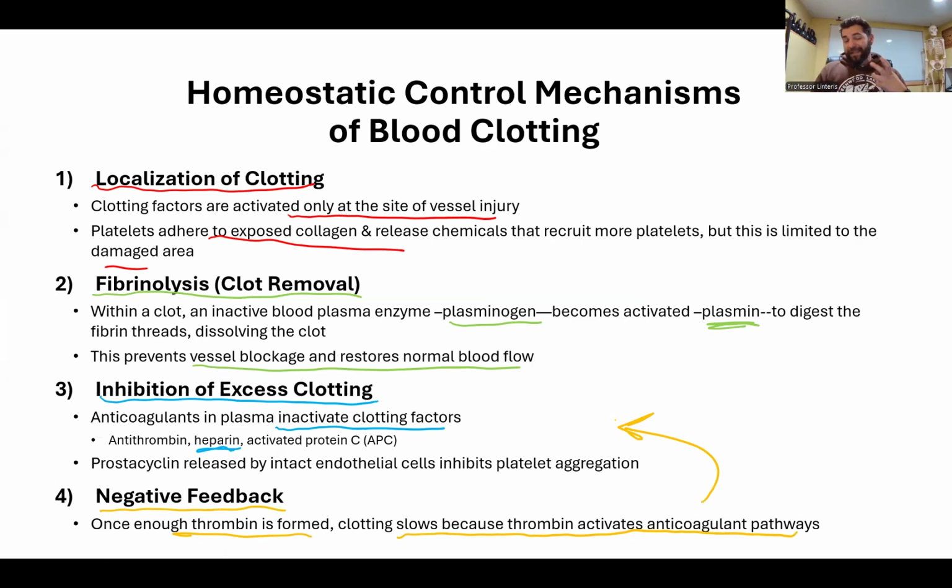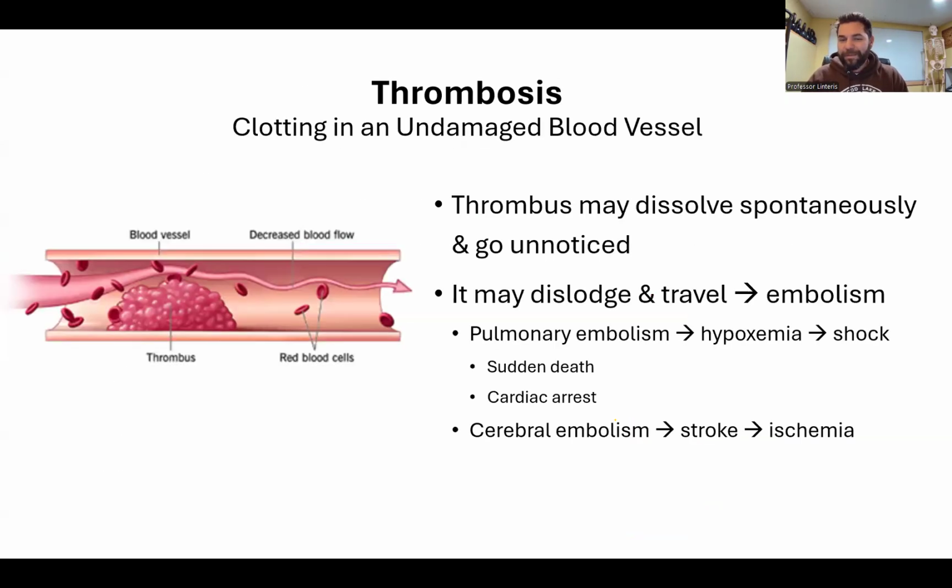So basically, we have a couple different checks and balances, if you will, to prevent excessive clots and to make sure when clots do form, that they can be removed pretty efficiently, right? So there's just a lot of chemicals that are kind of checking and balancing each other to make sure nothing super bad happens.